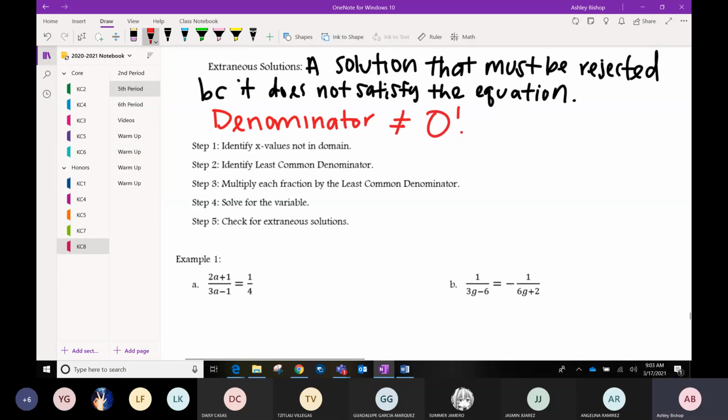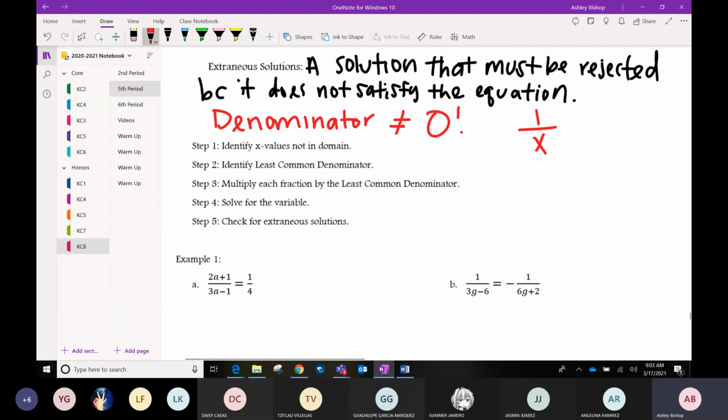That's super important. So if I have a fraction like 1 over x, x can be any number but 0. X cannot equal 0 because if I substitute 0 in for x, I'm going to have 1 over 0.